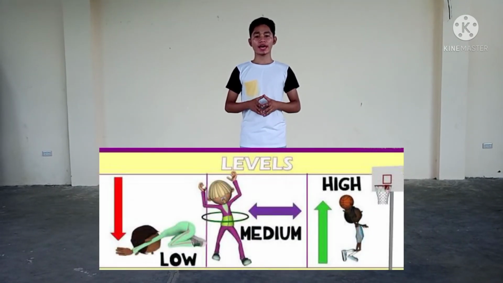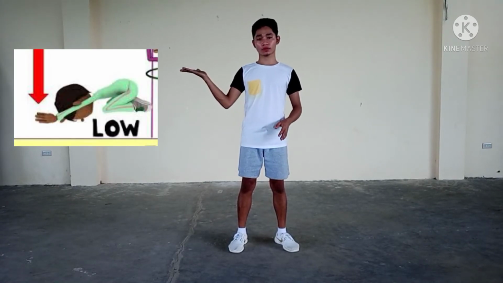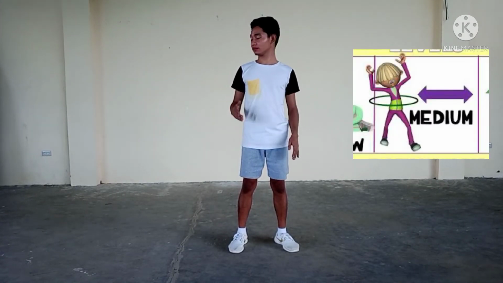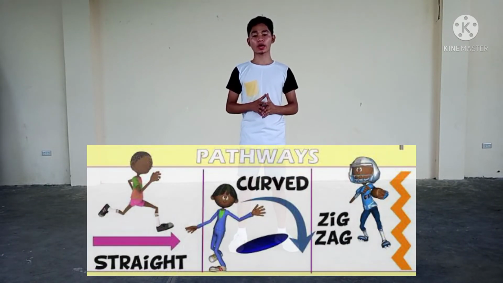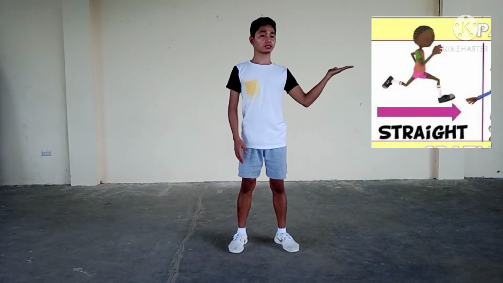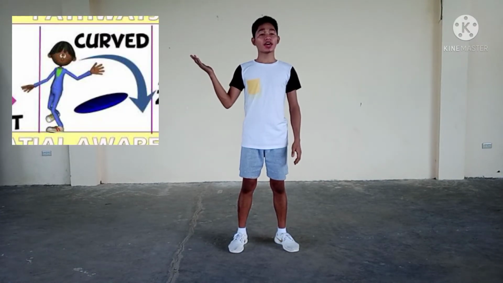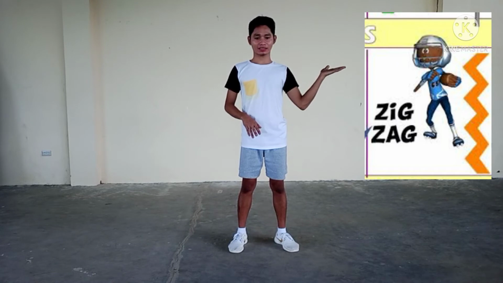So let's proceed to the third category and subcategories of space, which is the level. In level we have low, medium, and high. And then for number 4, we have pathway. Under the pathway, we have straight, curve, and of course, zigzag.